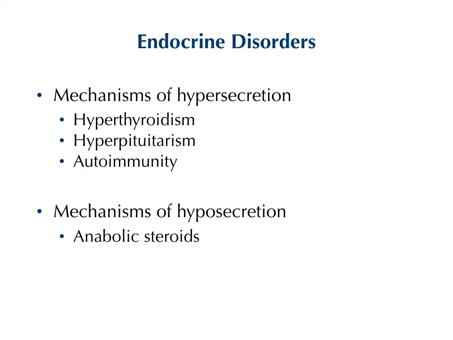And we can have hyposecretion that results in particular from anabolic steroid use. So all those big, giant, muscular, bodybuilding guys who start abusing anabolic steroids, interestingly, will have hyposecretion of testosterone and gonadotropic hormones.